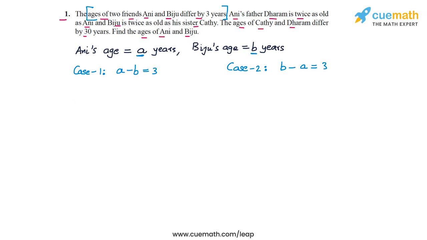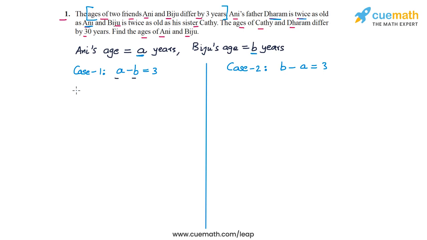So we will solve for both of these cases separately and we'll see whether the answer that we get in each case makes sense or not. So let's first do case 1 where A minus B is equal to 3. Now the second piece of information is that Ani's father Dharam is twice as old as Ani.